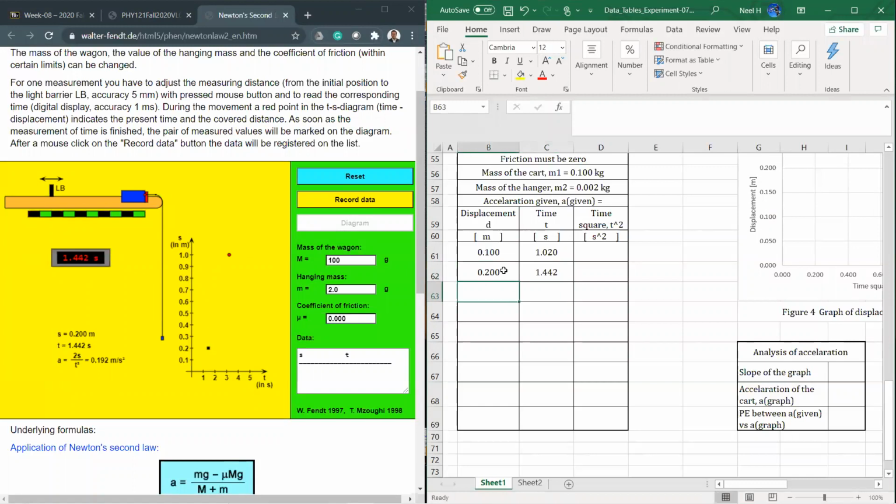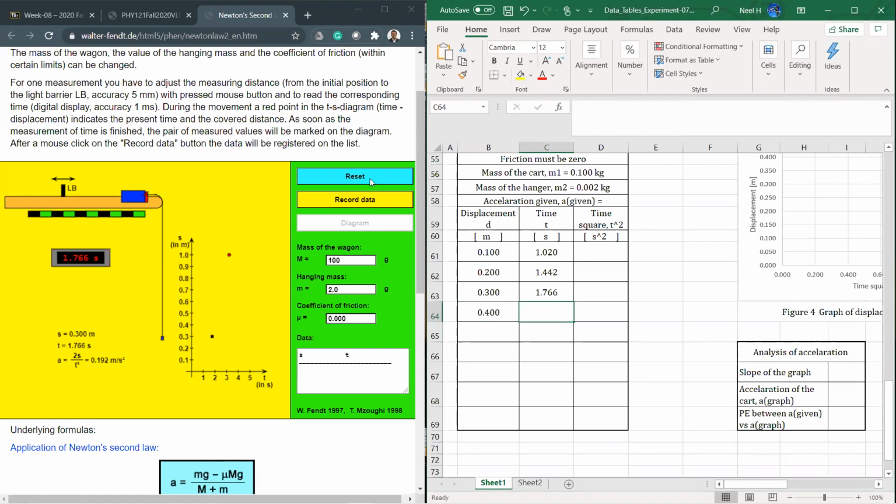Then you repeat, increasing by 0.1. Next data point is 0.3: reset, click and drag back to 0.3, start. Time is about 1.766. You can see it's the same acceleration, but the displacement is larger, so the time should be slowly increasing.